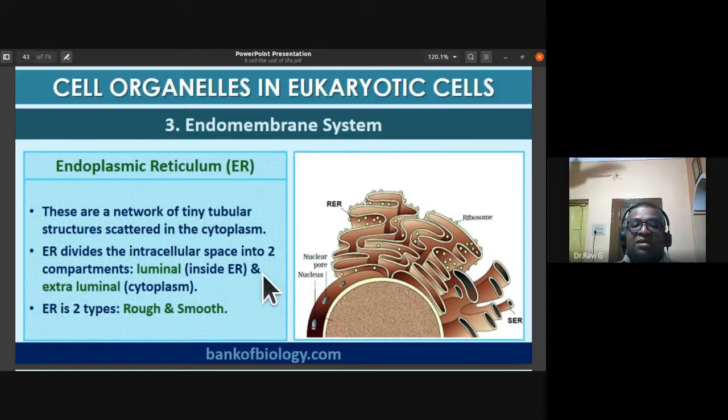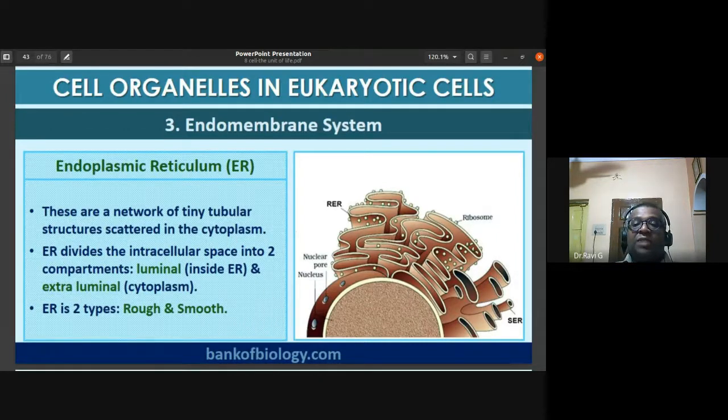So the ER divides the intracellular space into two compartments: the space within the endoplasmic reticulum is luminal, and outside, in the cytoplasm, is the extraluminal space. The endoplasmic reticulum is of two types, rough and smooth.